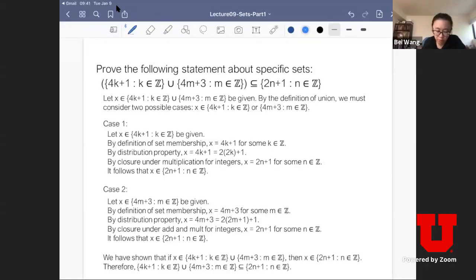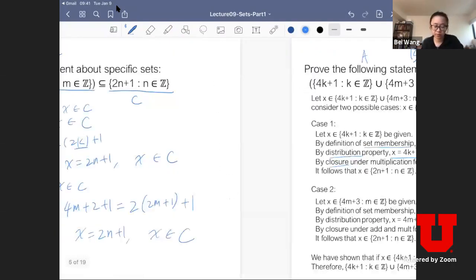So under case 1, when I want to prove that every element in set A is part of C, you want to first use the set membership to express the element x to be 4k plus 1. And then you use the distribution property or factorization to factor out the 2. Then you use the closure property of integers under multiplication, and you express it as what it is. So this is really the detailed proof with respect to the previous sketch I just gave.